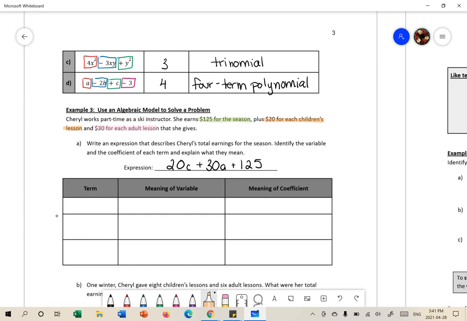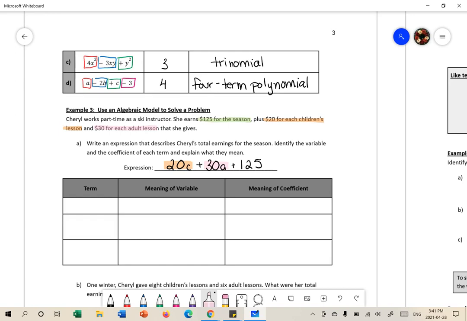Variable C represents the number of child lessons Cheryl teaches in one season. We're going to multiply that number by 20 because she's getting paid $20 per lesson. Variable A represents the number of lessons she gives to adults in one season.